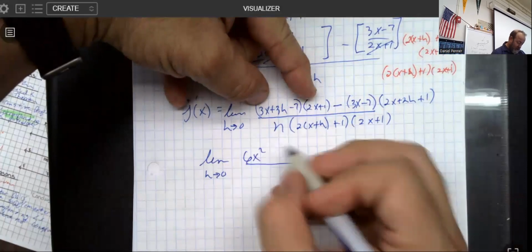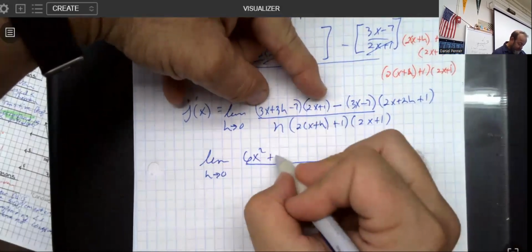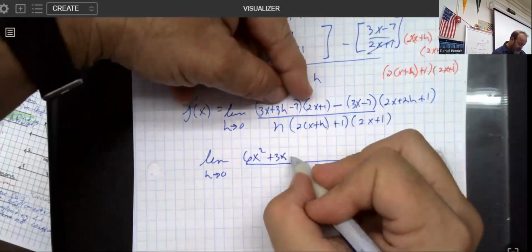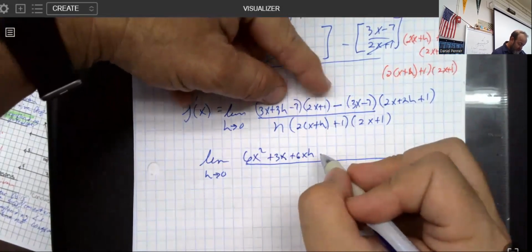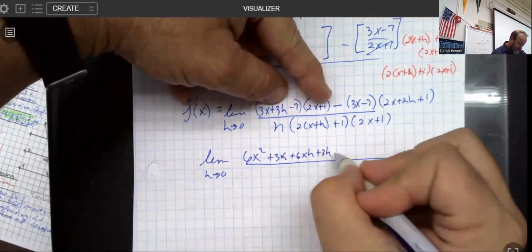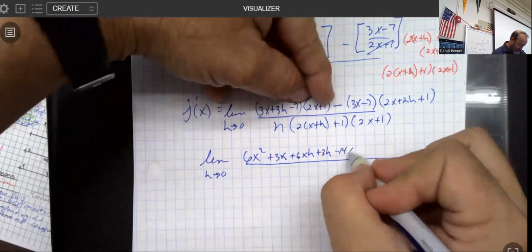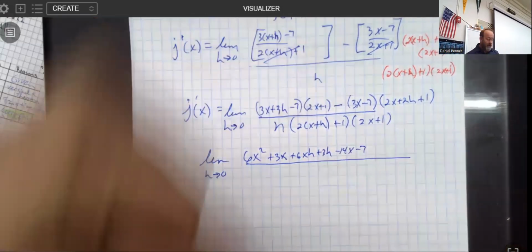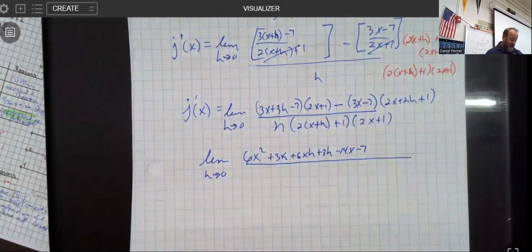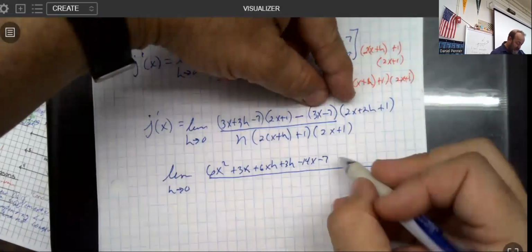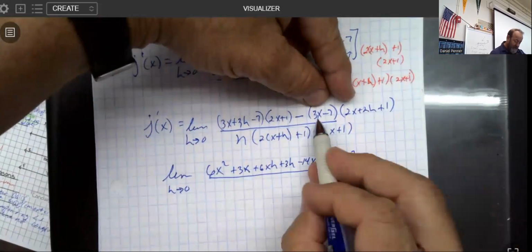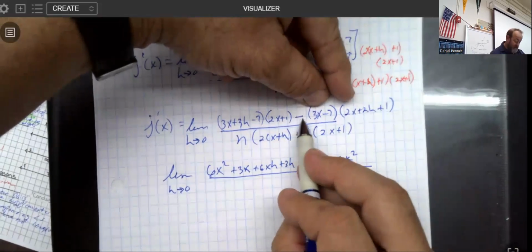I've got 6x squared plus 3x. I've got 6xh plus 3h. I've got minus 14x and a minus 7. Whew, there was a lot there. Then I come over to here, and I'm going to have a negative 6x squared. So I'm going to multiply these out, but I'm going to distribute this negative as I go.